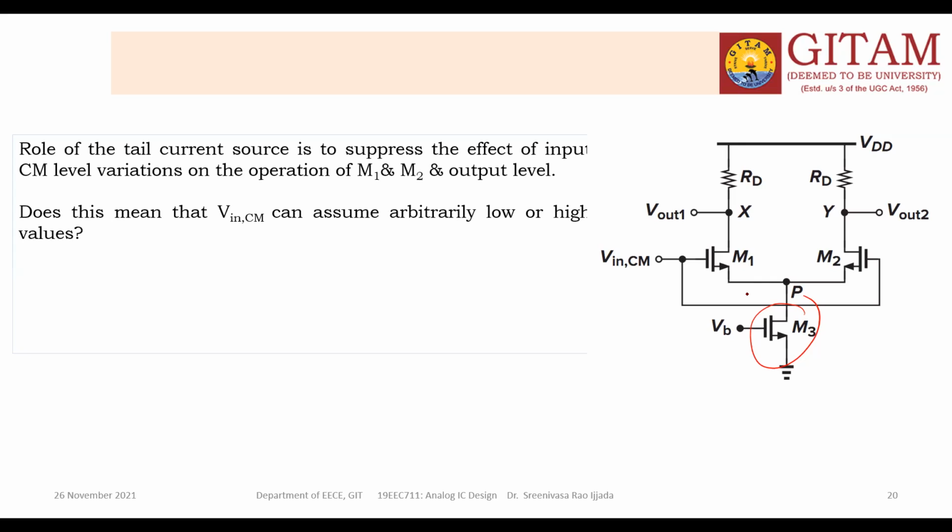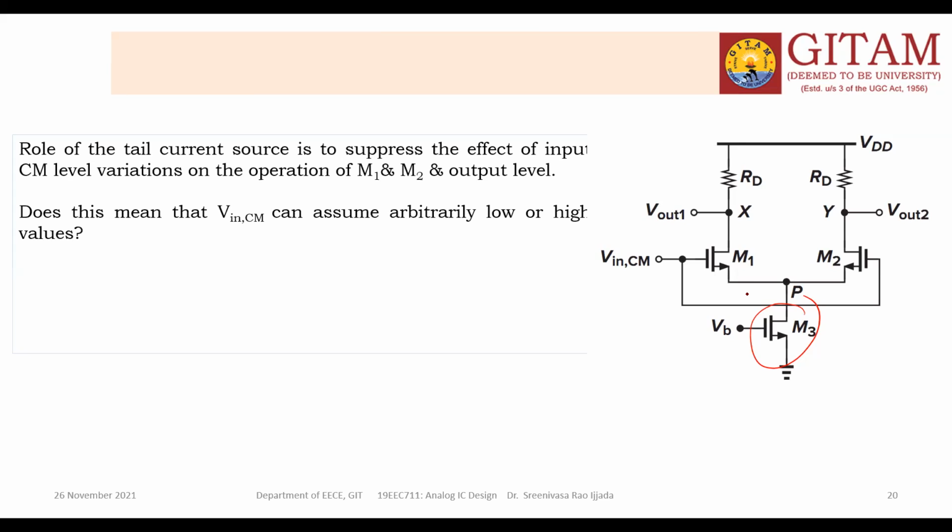Does this mean that the common mode can assume arbitrarily low or high values? If you maintain low values, what happens? You won't get the same signal. If it is low, you will get it. But up to what extent can we increase this value?